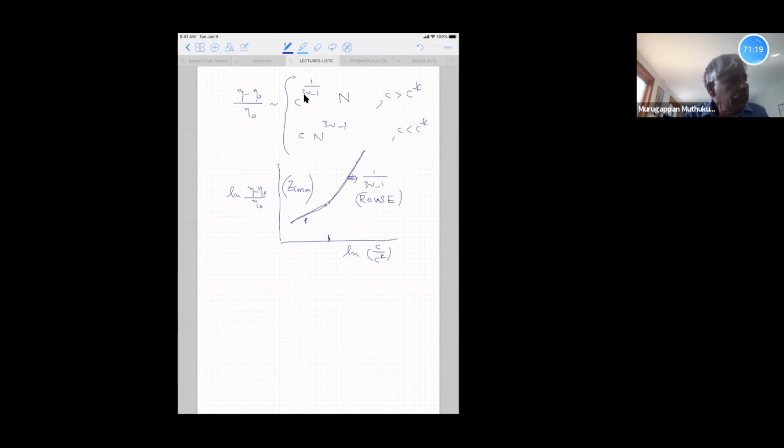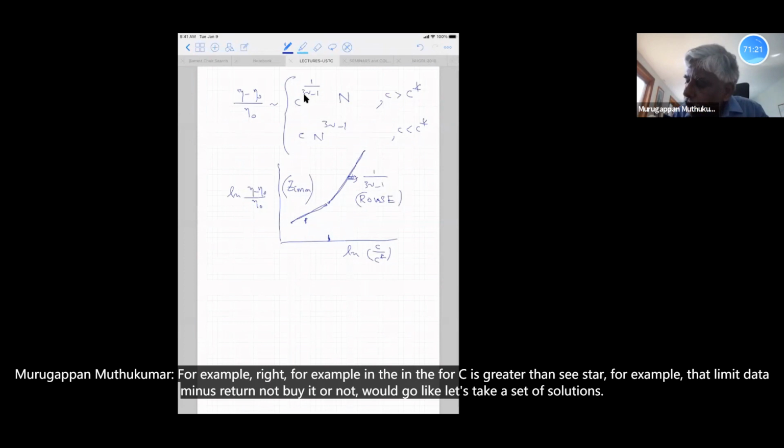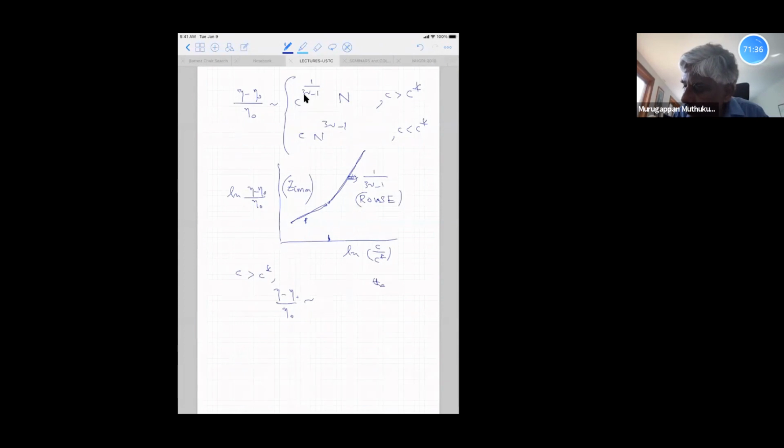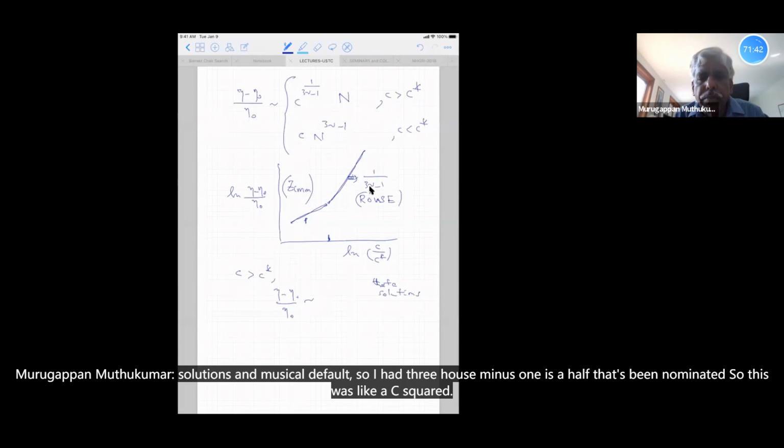For example, for C greater than C star, in that limit, (eta minus eta naught) by eta naught would go like, let's take theta solutions. For theta solutions, nu is equal to half. So 3 halves minus 1 is a half. That's in the denominator, so this goes like C squared.